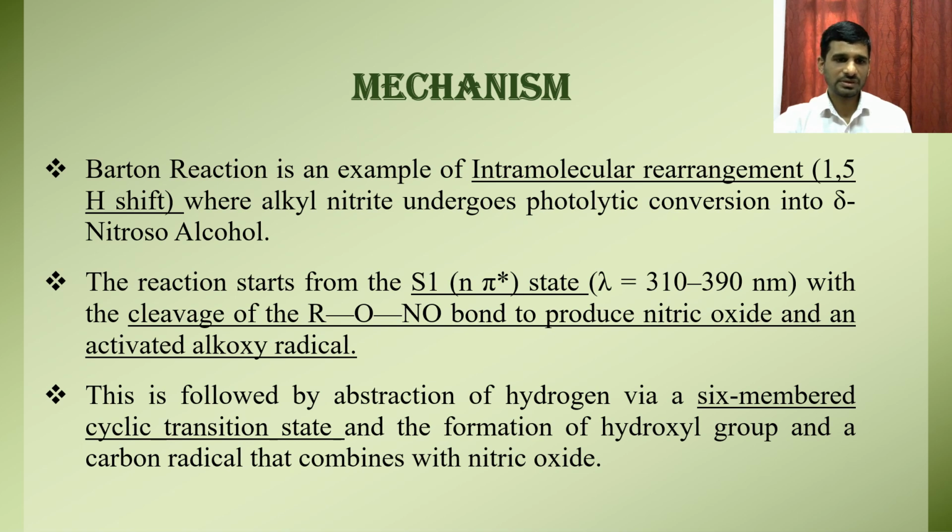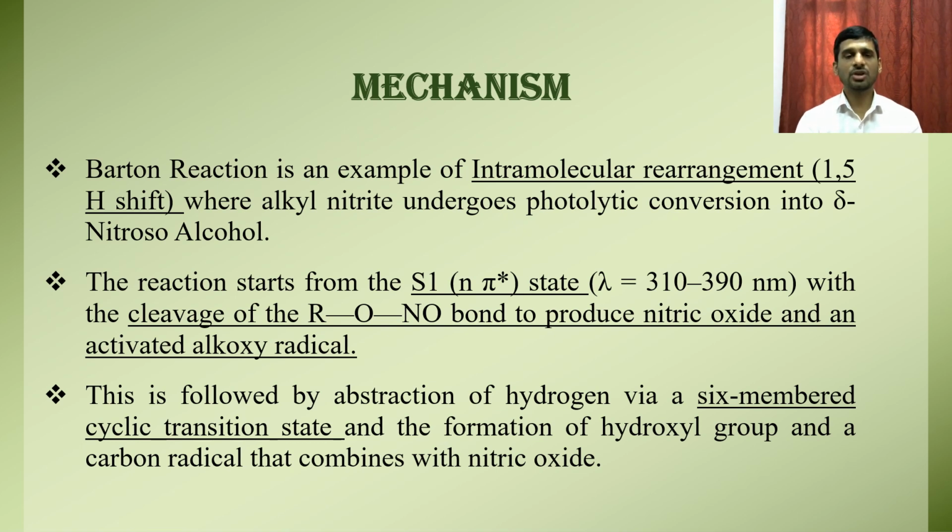Now this step is followed by abstraction of hydrogen via a six-membered cyclic transition state. I have underlined this term because it is very important. It could be asked in an objective manner in any competitive exam that Barton reaction proceeds via a six-membered cyclic transition state and the formation of a hydroxyl group and a radical that combines with nitric oxide.